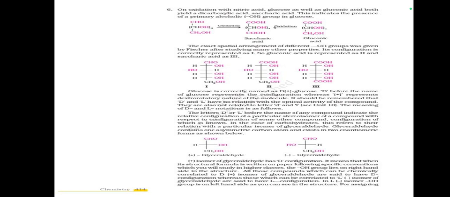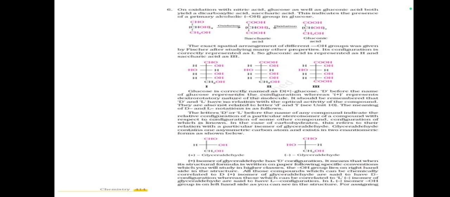All those compounds which can be chemically correlated to the D positive isomer of glyceraldehyde are said to have D configuration, whereas those which can be correlated to the L isomer of glyceraldehyde are said to have L configuration. In the L isomer, the OH group is on the left hand side, as you can see in the structure.